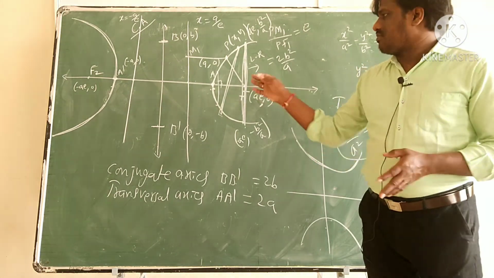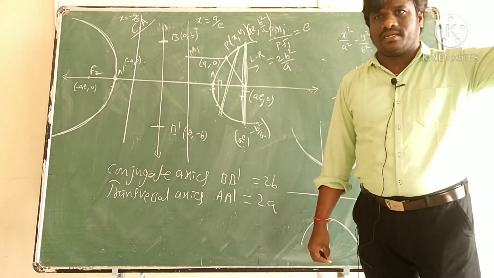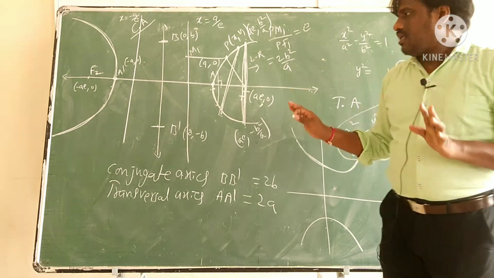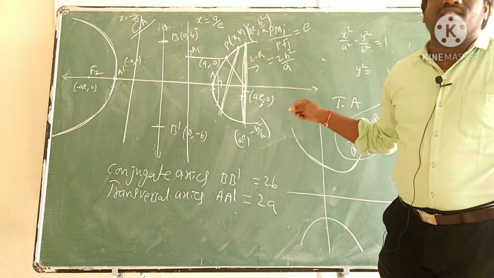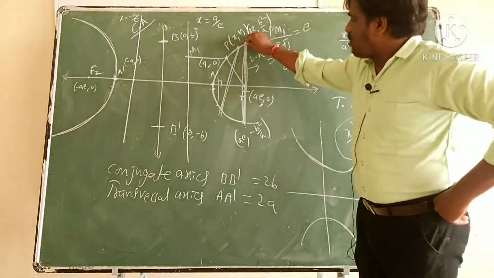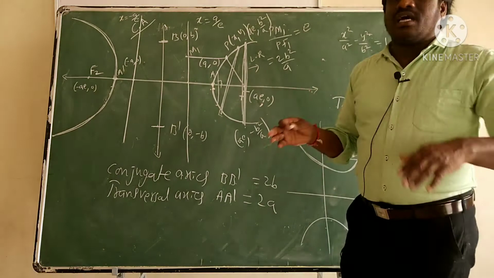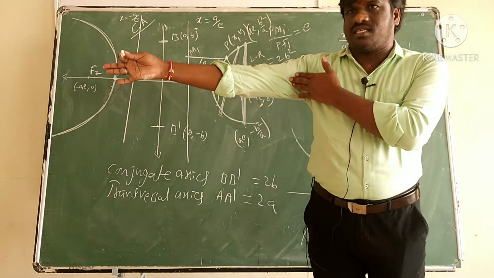Other things we will discuss later, but the focal chord for the ellipse I already explained. For this also I will explain. First, right now, what is required is what I said. This is the equation, this is the form, this is the diagram for the hyperbola. This is called the length of latus rectum. The axis on which the focus lies is called the transversal axis.